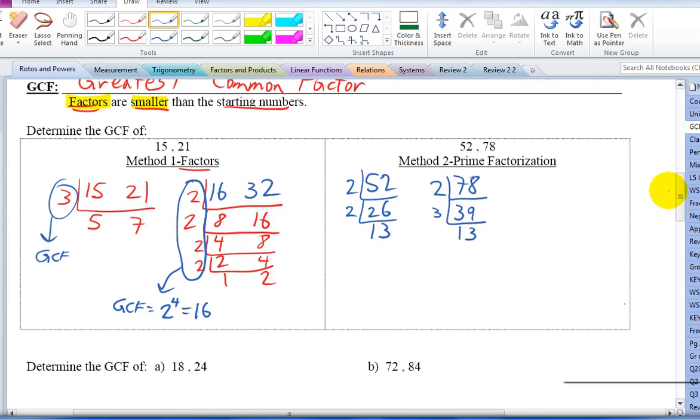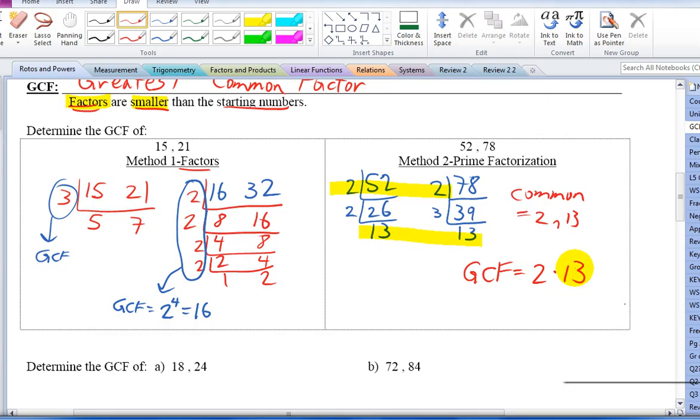So what here would be the prime factors? Well, we have a 2 and a 13 that are common. Right? So these here are common factors. So the GCF equals 2 times 13.